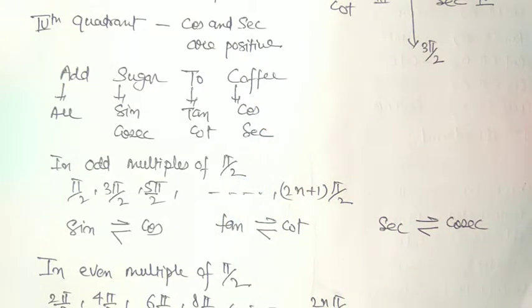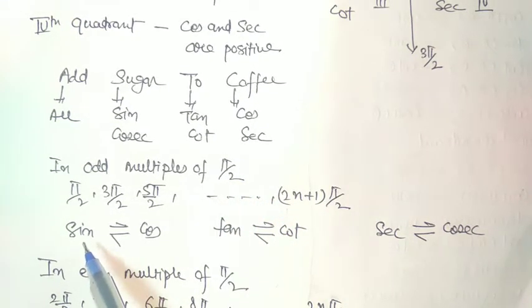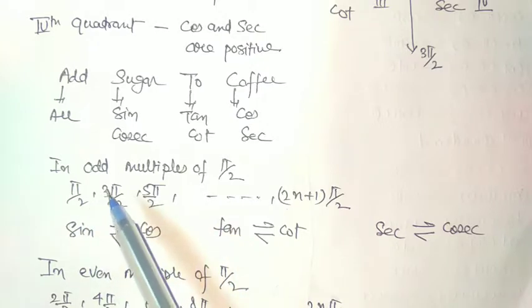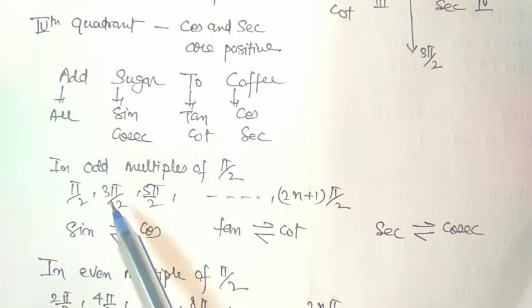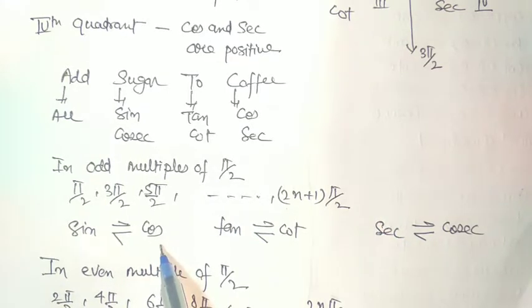Now we have to remember one thing: in odd multiple of pi by 2, the trigonometric function will change to their complementary form. Means sine will convert to cos. Full form of cos is complementary of sine, that is cosine. So in odd multiple of pi by 2, that is 1 pi by 2, 3 pi by 2, 5 pi by 2, or (2n plus 1) pi by 2, sine will be converted to cos.